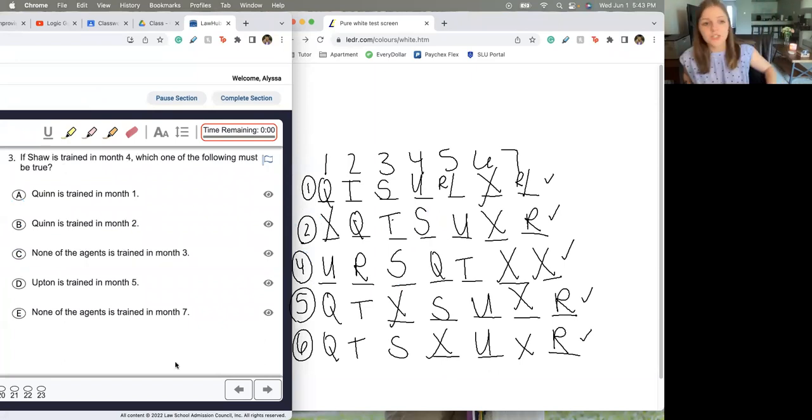Our next question says, if S is trained in month 4, which one of the following must be true? So I'll give you about a minute to go over this one, and then we'll go over it together.